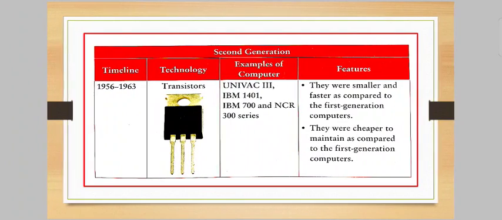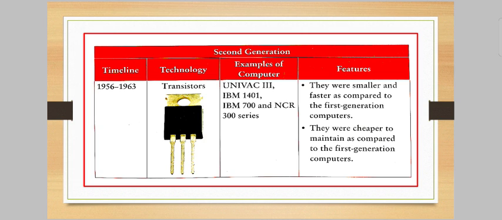Next is the second generation computer, 1956 to 1963, and this generation of computers used transistor technology. Examples of this generation are UNIVAC 3, IBM 1401, IBM 700 and NCR 300 series.